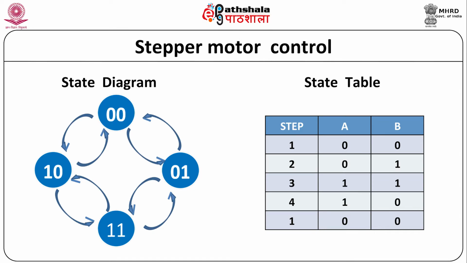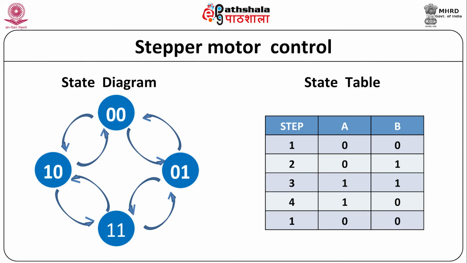If D is equal to 0, then the counter should be designed to generate the sequence of steps as shown in the state table. The sequence of binary numbers is 00, 01, 11 and 10. This sequence is required to be repeated again and again for continuous clockwise rotation as shown in the state diagram.